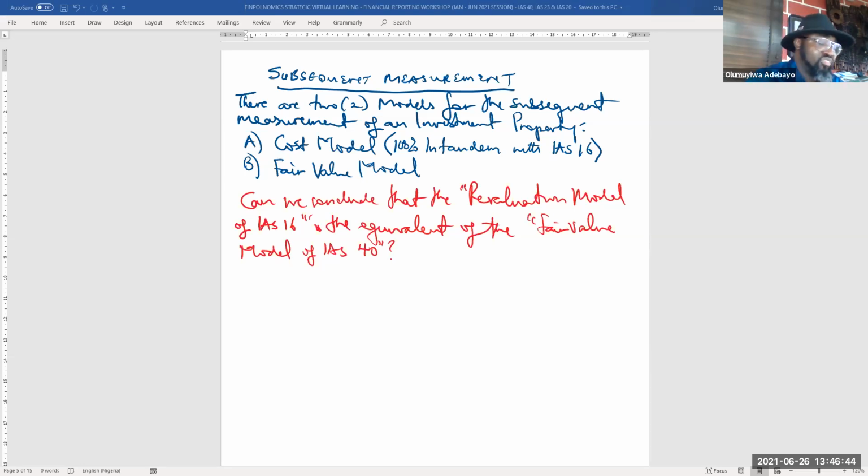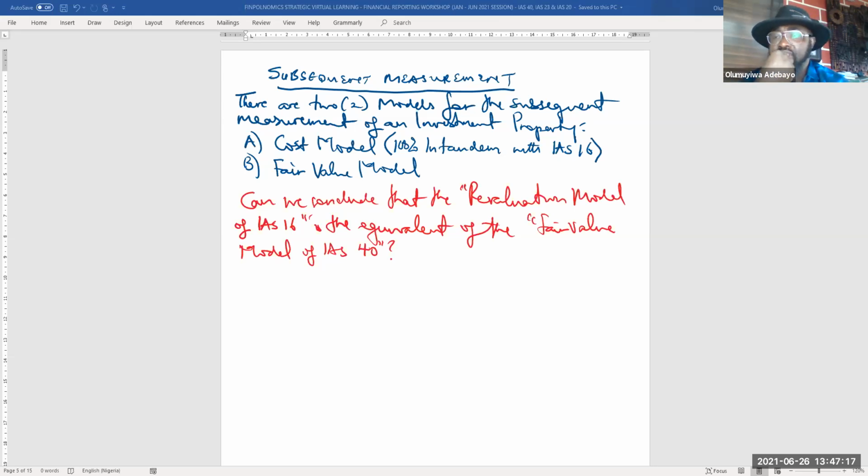And where you find that the recoverable amount is lower than the carrying amount, you recognize impairment loss in line with IAS 36 for owner-occupied property. Such impairment loss goes to profit or loss or to other comprehensive income based on the fact that you might have initially recognized a revaluation surplus or gain. And that is in tandem with what we have discussed before now under IAS 16.